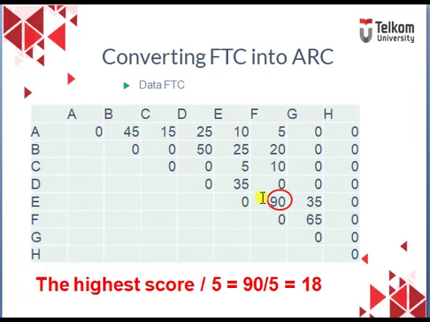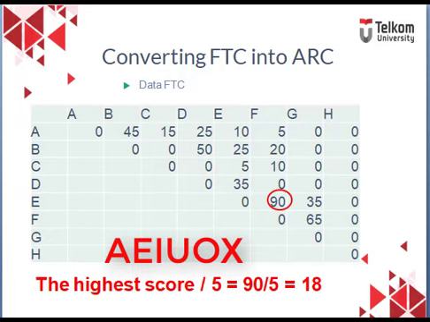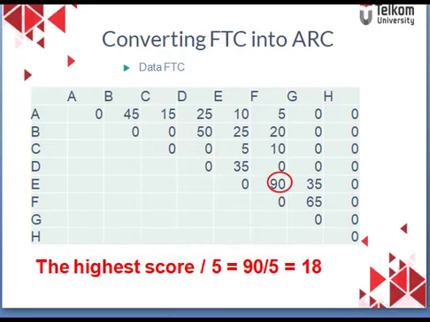Now let's keep this number as a baseline. The formula to create the range of closeness code is the highest score divided by 5. 5 represents the combination of closeness codes, for example, A, E, I, O, U, X. So the range of closeness code is 18.